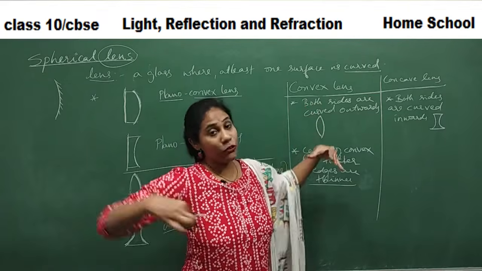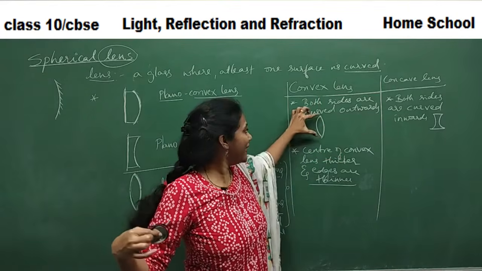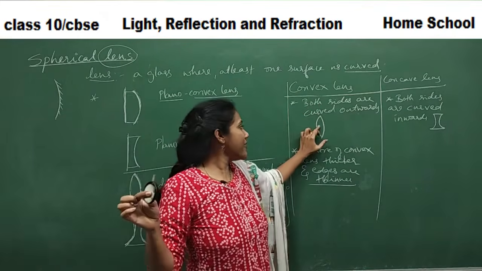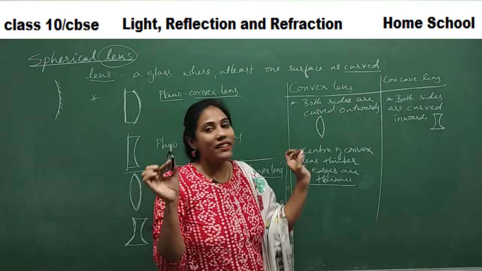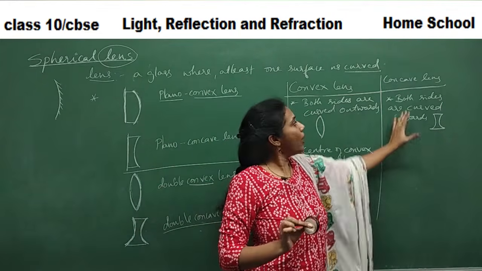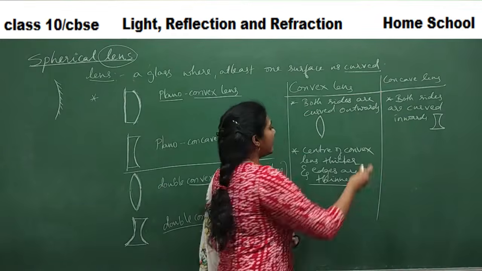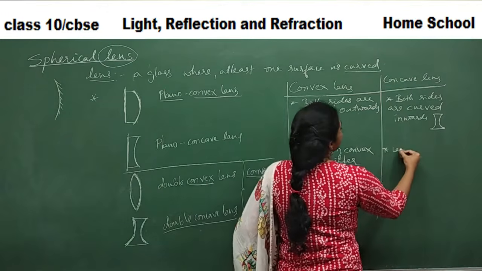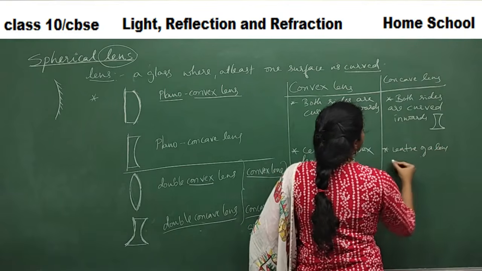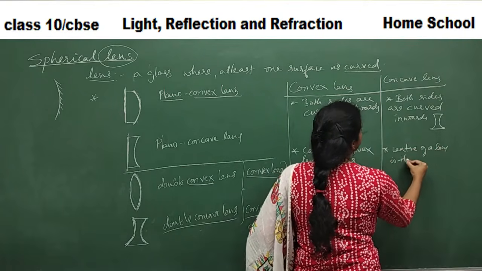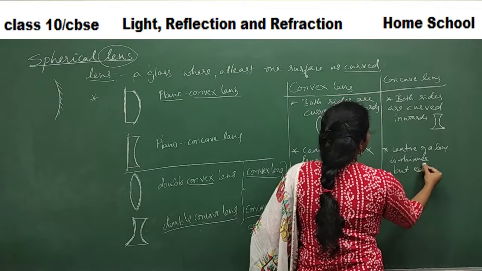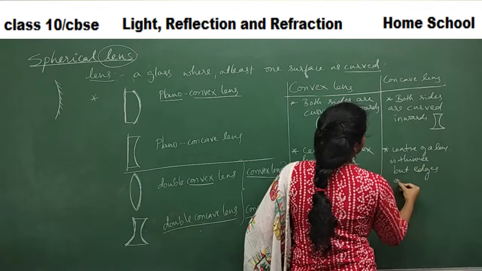Center is very fat. It looks fat. But edges, you see, edges are very narrow, right? So center is thick, edges are thin. Clear? And opposite for concave lens. So what can I write here? Center of a lens is thinner, but edges are thicker.